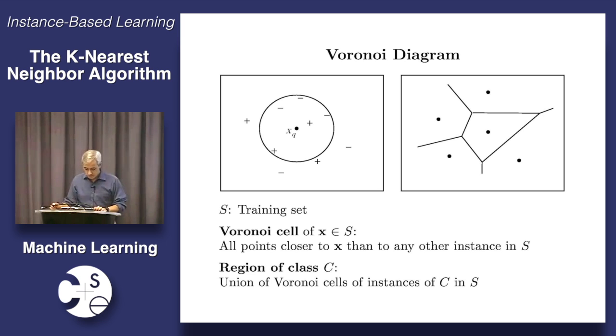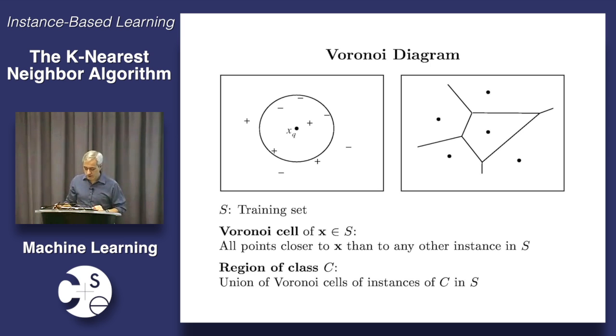We call that the Voronoi cell of that point. So the Voronoi cell of a point in space is the set of all points that are closer to that point than to any other. Okay? So these points are my training examples. I sprinkled them around space, there they are hanging. And now the Voronoi cell of a particular point is the region of space that's closer to that point than to any other. Okay?